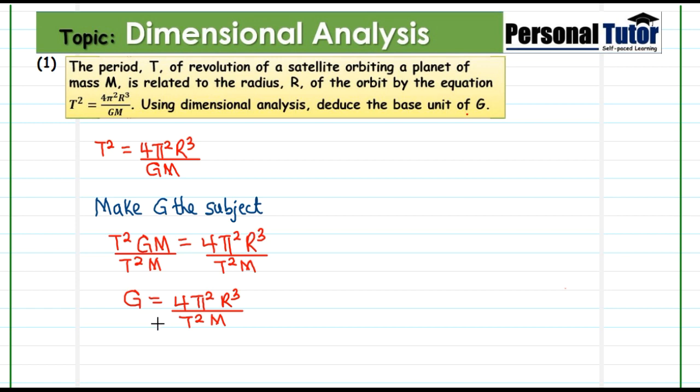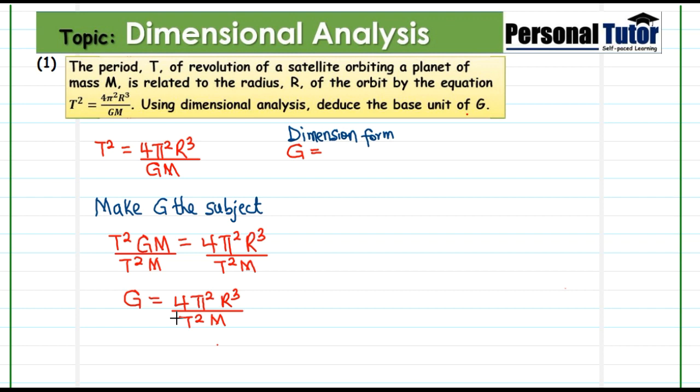That's the first thing. The second thing is you need to write the dependent quantities, and I mean 4 pi squared r cubed over T squared M, in their dimensional form. That is achieved by converting those which have dimensions.